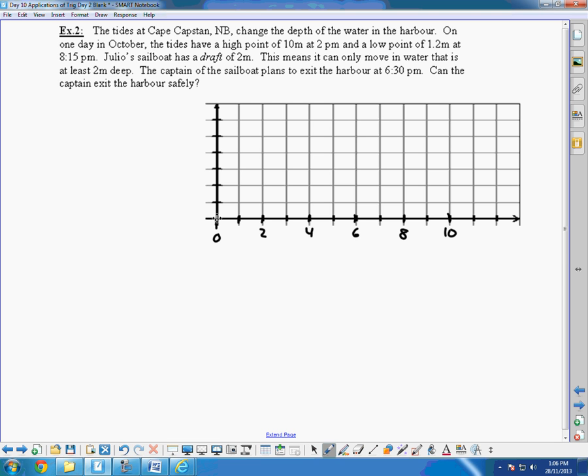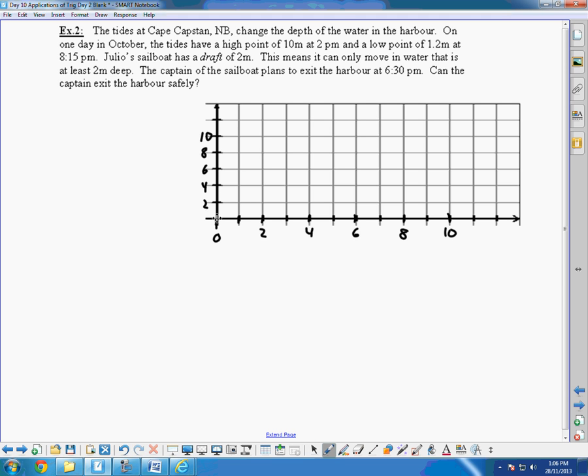And our scale, I'm just going to pick something easy. Let's go 1, 2, 3, 4... 1, 2, 3, 4, 5, 6, 7. No, we're going to have to go 2, 4, 6, 8, 10. Okay, all right.